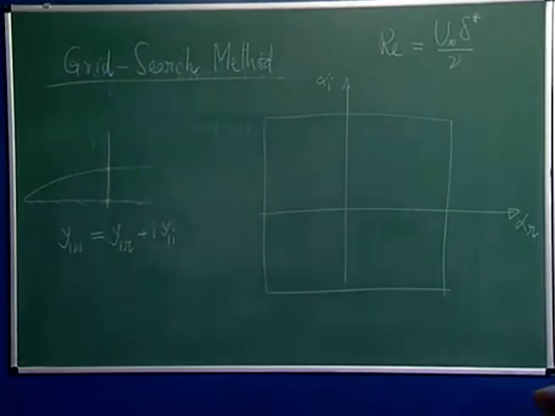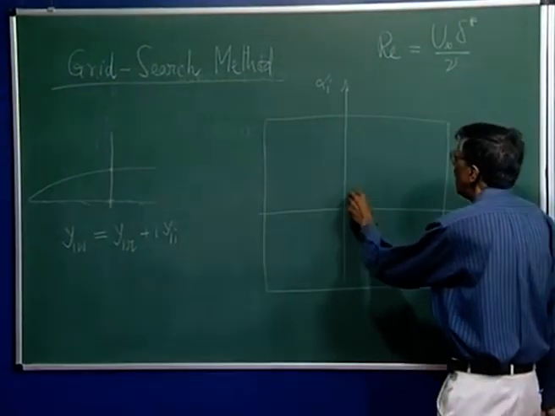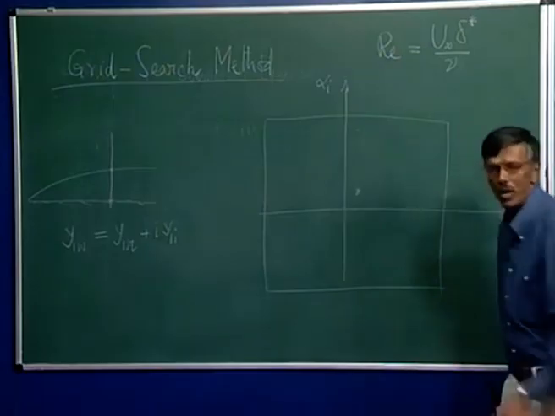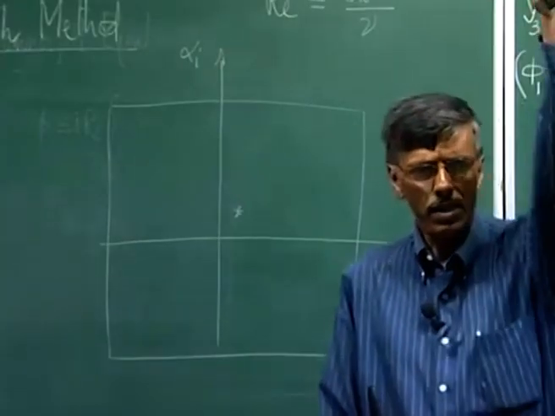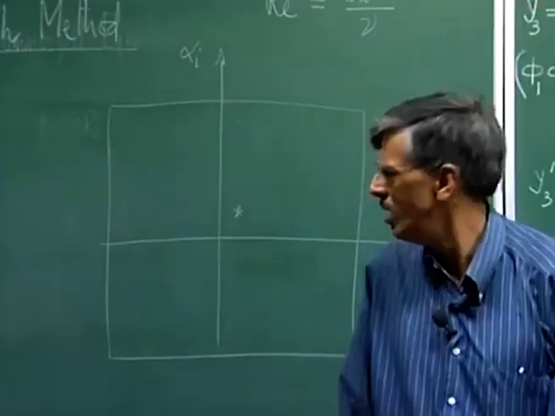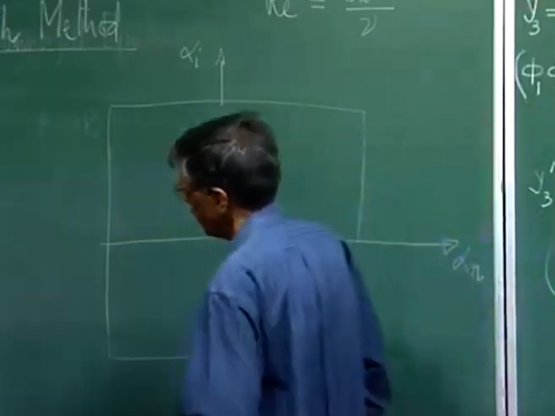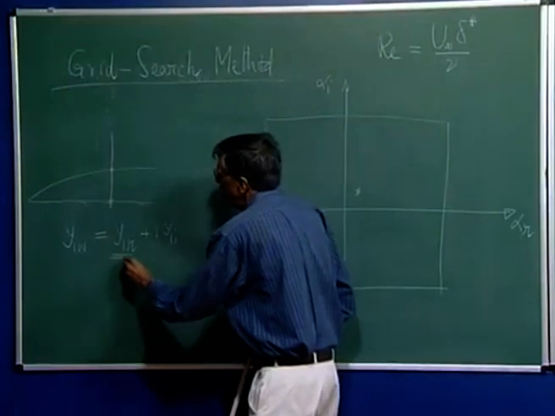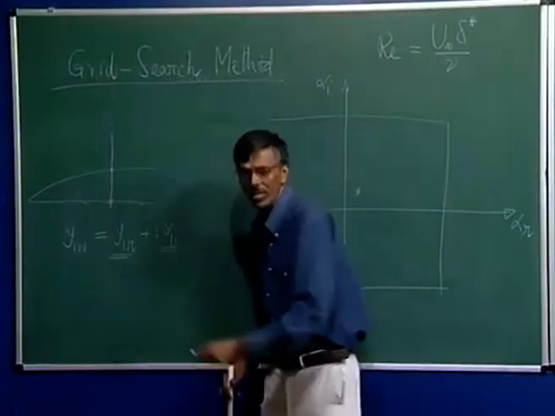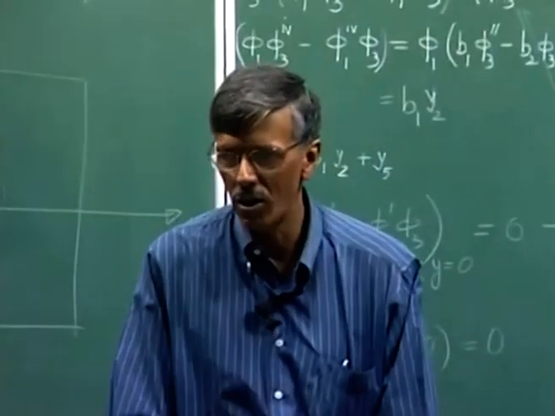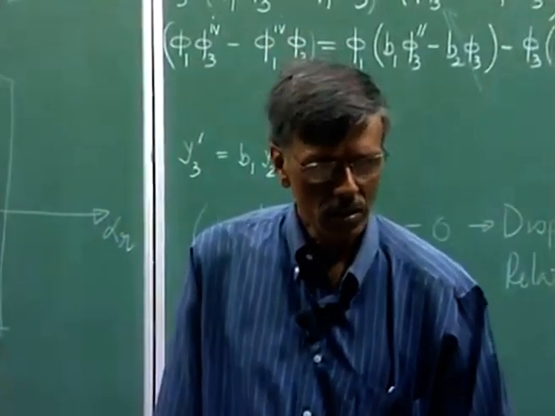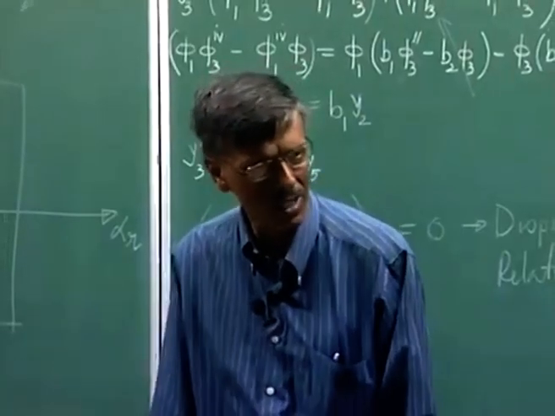So, what I do is at random I pick up a point here. For this value of alpha, I come from the free stream all the way up to the wall and I evaluate this. And if it is not a genuine eigenvalue, this will not be 0. It will only be 0 when your choice is the correct one corresponding to the eigenvalue.